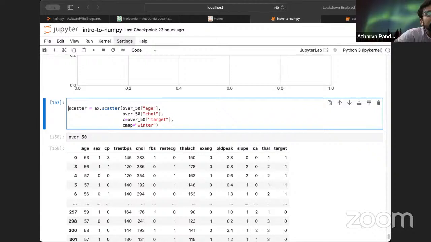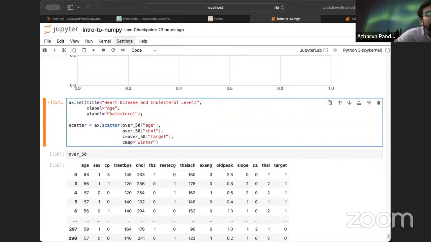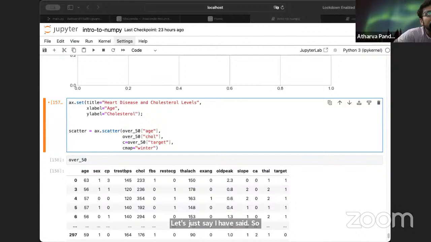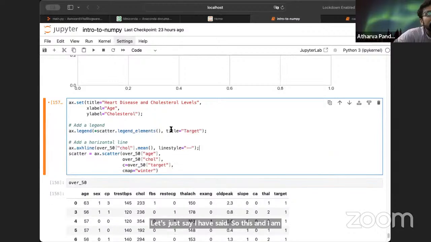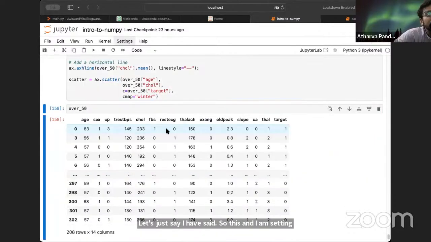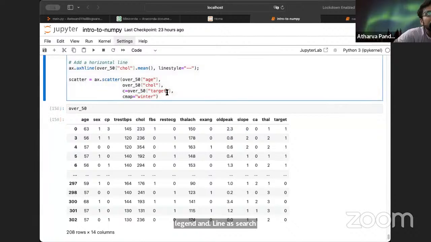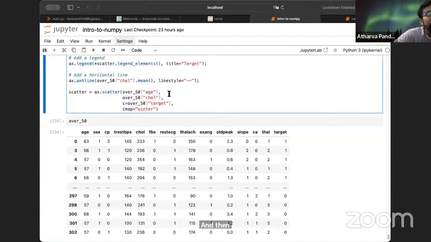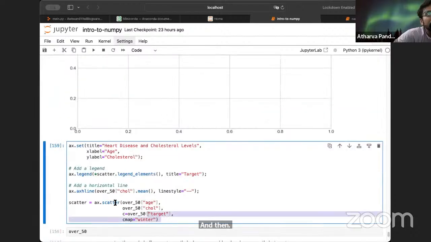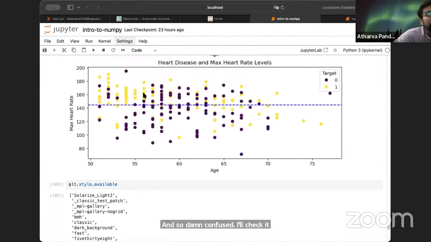Let's just say I have set it to this, and I am setting the legend and line as such, and then I'm so confused. I'll check why this is not working.